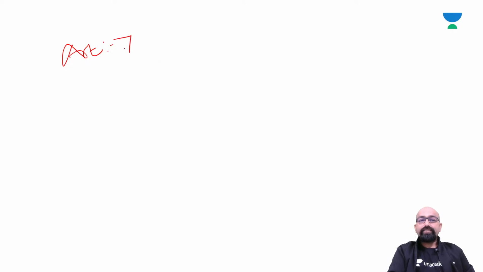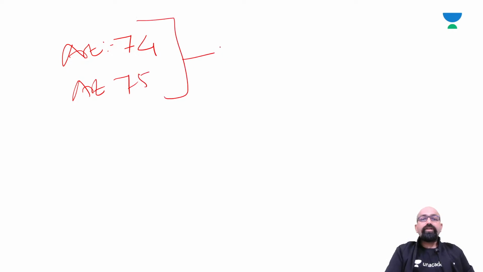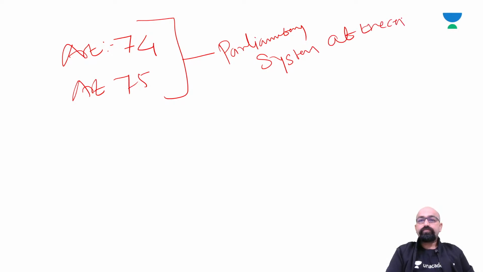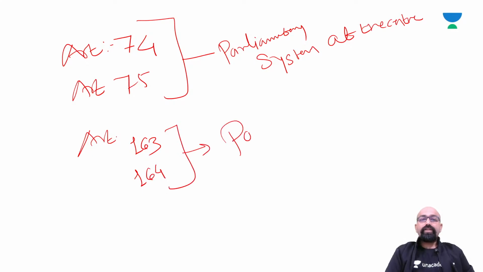Article 74 and Article 75 deal with the parliamentary system at the center, and Article 163 and Article 164 deal with the parliamentary system in the states.